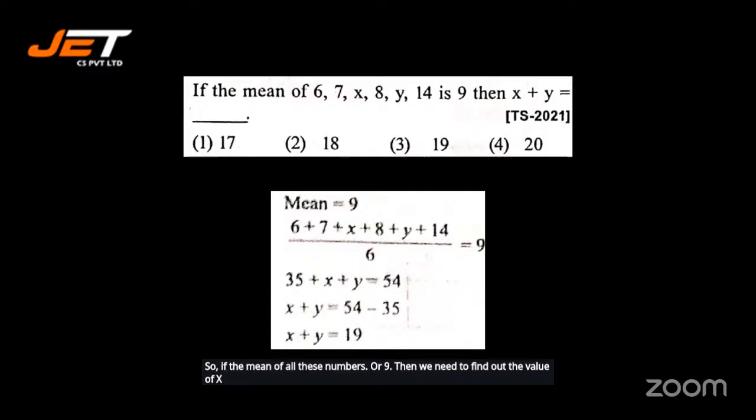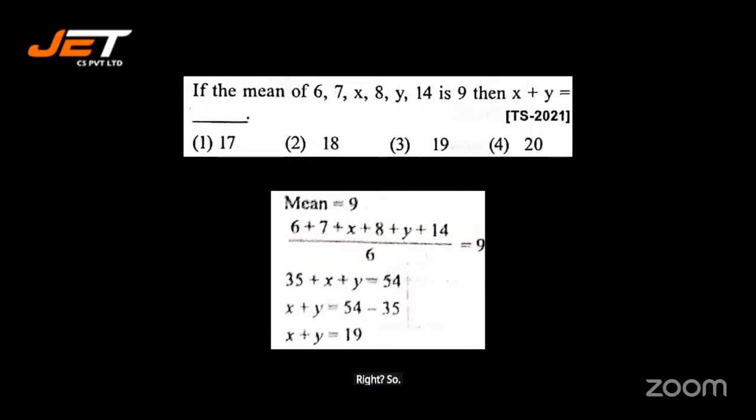plus y, right? So we all know how to find the mean: we have to add up everything, that is 6 plus 7 plus x plus 8 plus y plus 14, then divided by 1, 2, 3, 4, 5, 6.